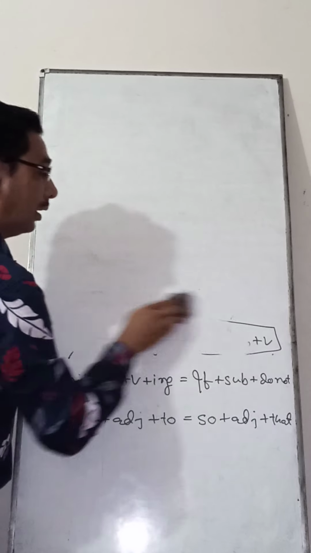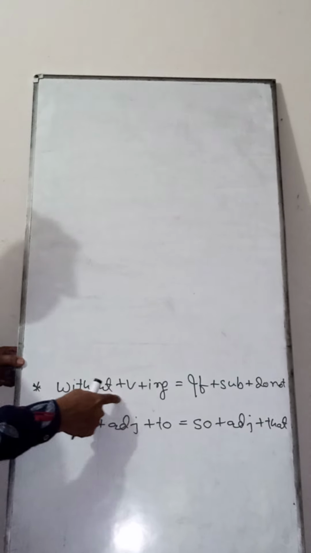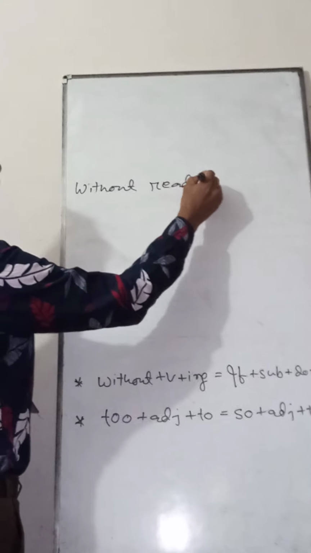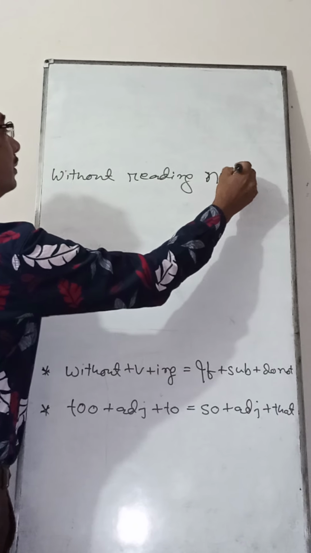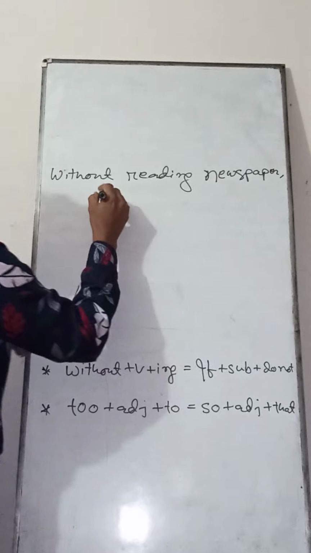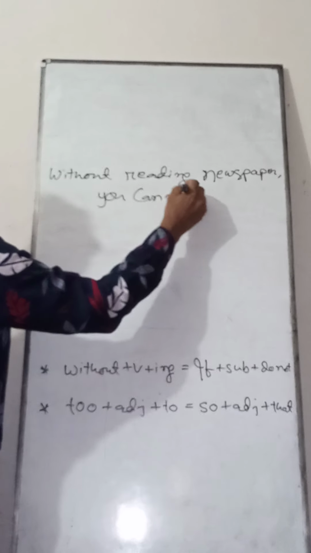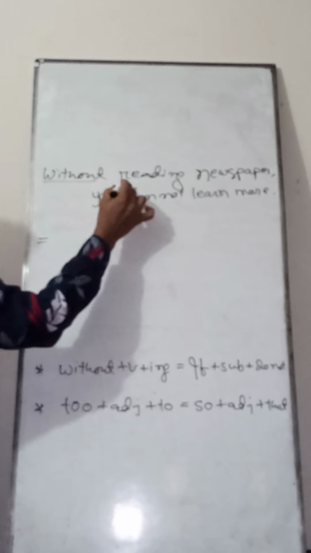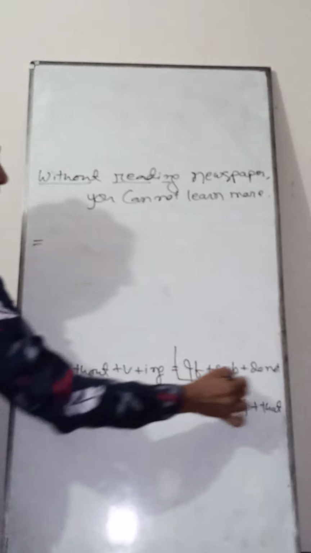Now I am going to discuss rule number 5, without plus verb plus ing. If you find a simple sentence with without plus verb plus ing, you have to transform this sentence by adding if plus subject plus do not. For example, without reading newspaper, you cannot learn more. Here, this is without plus verb plus ing, and you have to transform this sentence to if plus subject plus do not.